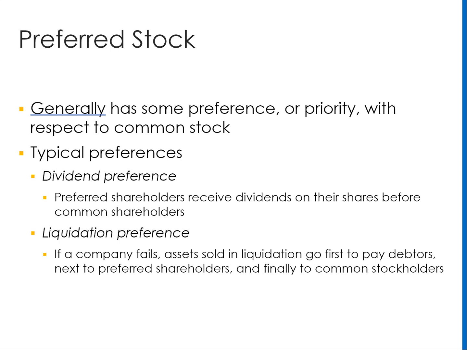And the preferred stock. This represents preferred shareholders' rights compared to common stock. Preferred stock generally has some preferences or priority. For example, typically they have dividend preferences. A preferred shareholder is going to receive dividends before common shareholders.